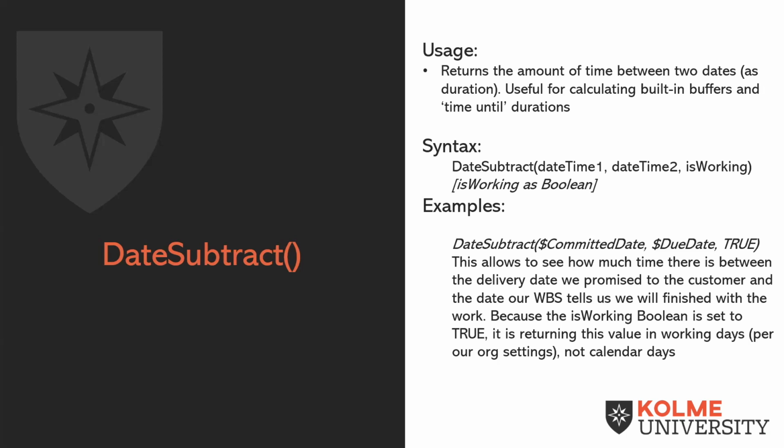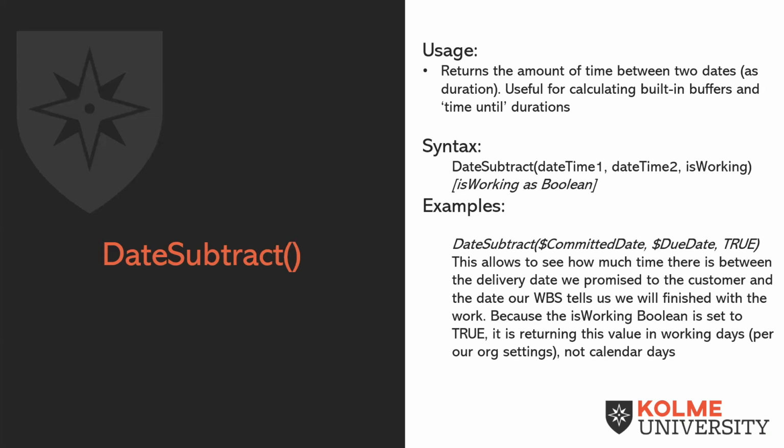That's pretty handy because if we look at another function, dateDiff, that function only returns calendar days. And so if you just want to know what is my working duration between two dates or date times, I can't do that with dateDiff. And that's a big value that DateSubtract can give us, doesn't it? Exactly.